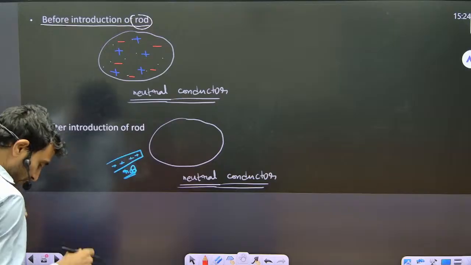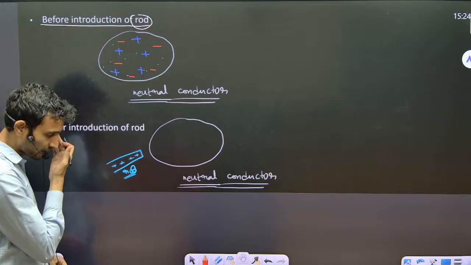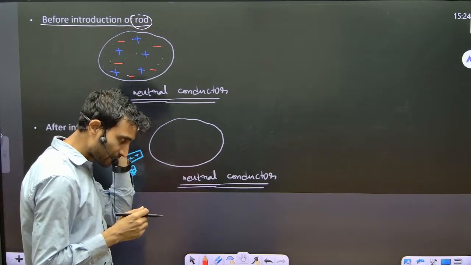After the introduction of the rod, which has positive charge, what will happen, guys?